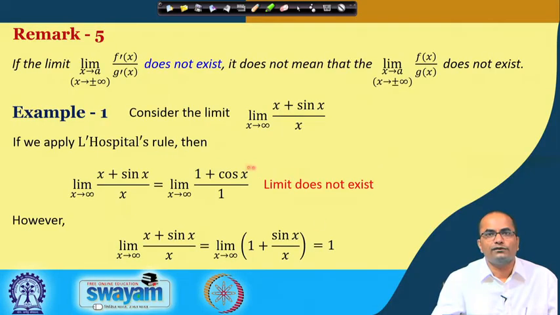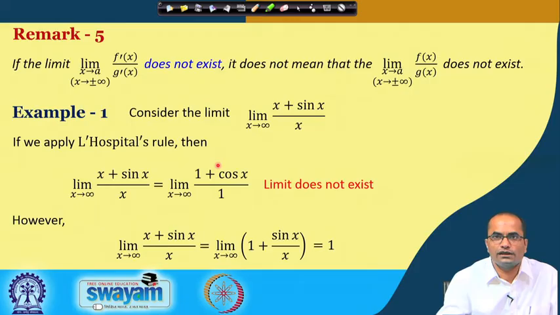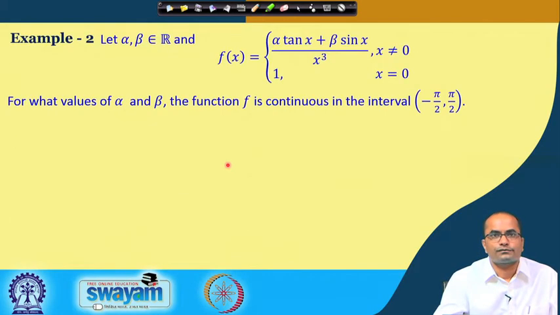If we had concluded by applying the L'Hopital rule that because this limit does not exist, the limit of x plus sin x over x does not exist, that would have been a wrong conclusion. That is why in the rule we have every time written provided the limit of the ratio of the derivatives exists. That is very important.